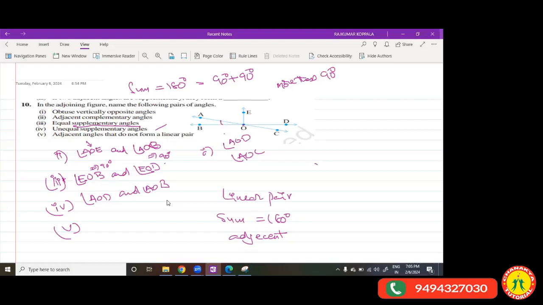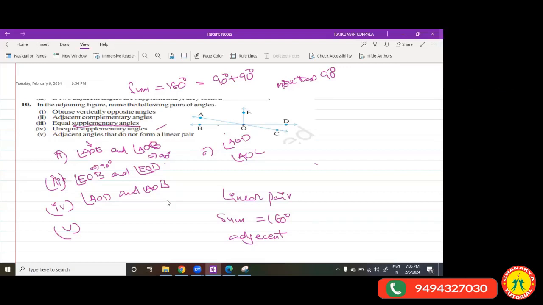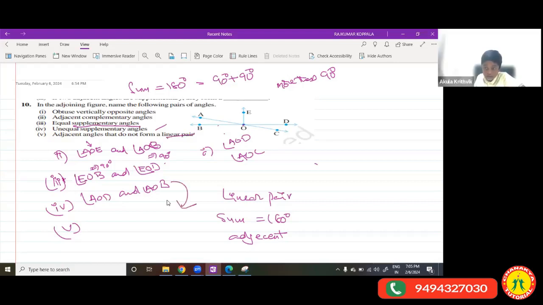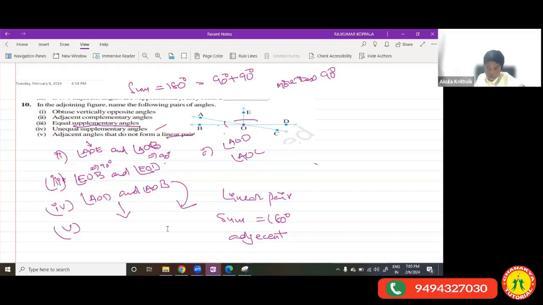So, who are you asking? Same these angles only, na? These two angles are sum 180 and they are adjacent. Okay? That's it. You note down this.